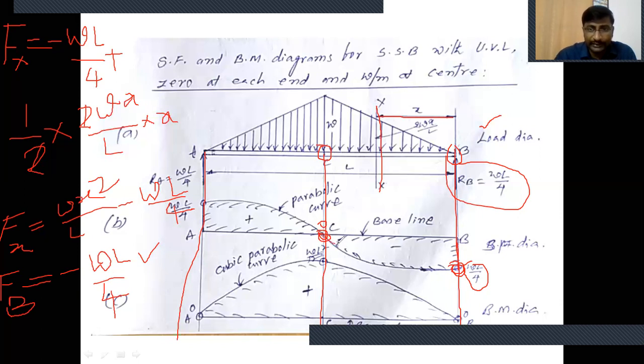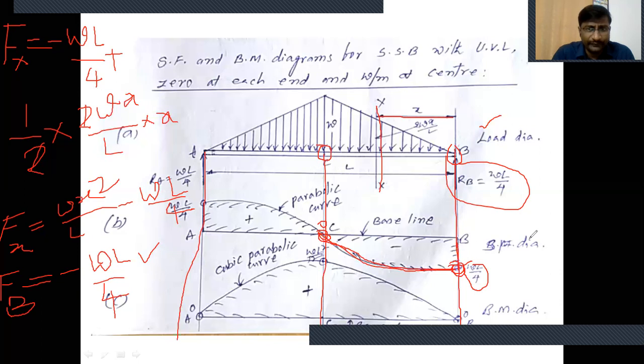So how do we join these two points? Already we learned about the curves or lines between two points depending on the load acting between them. If no load is acting between two points, the shear force diagram is a horizontal line.